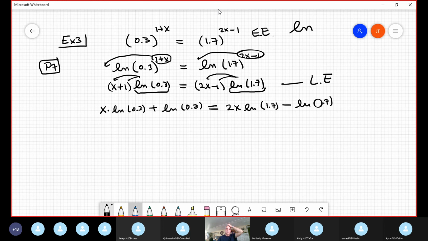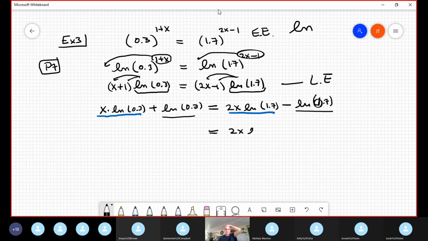Now I can see that my variable is located here and here. So my opinion is to move the terms that contain the variable to one side. I don't know if left or right; I suppose the right is much better. And the terms that do not contain the variable, just numerical, go to the other side. So my equation looks like that.